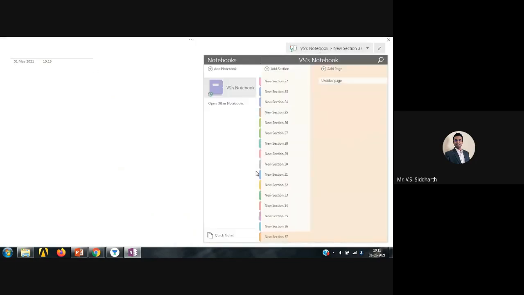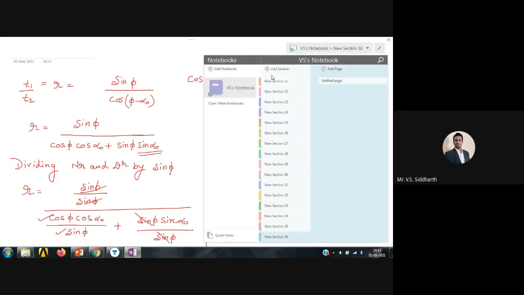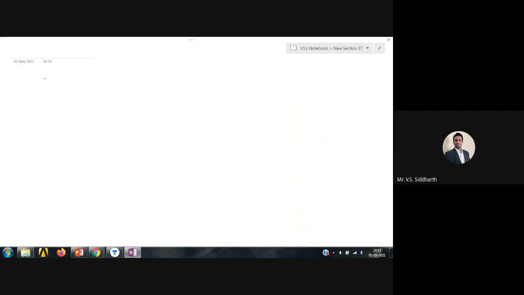R cos alpha naught divided by tan phi equals 1 minus R sin alpha naught.